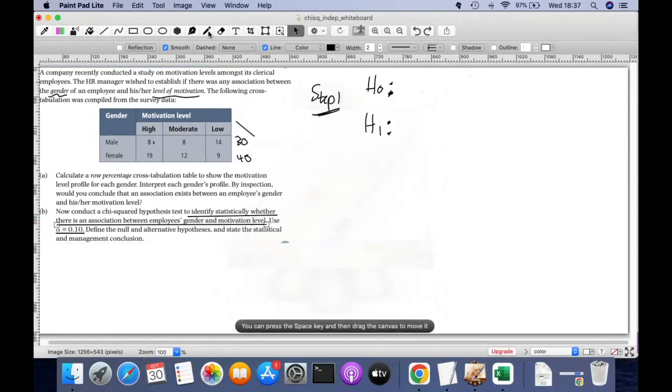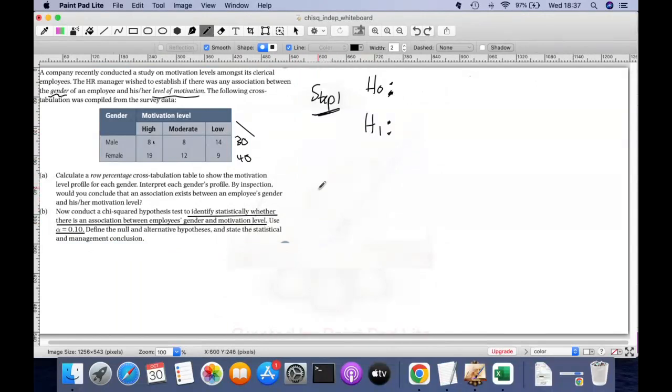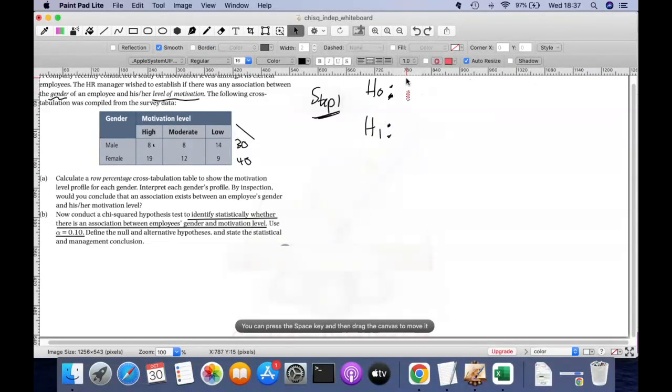This is our hypothesis. Remember when I started off this question, I said this is a test of independence. The two variables you're looking at are gender and motivation level. You're trying to see whether they're independent or not independent. So for your H0, I'm just going to type it out: gender and motivation levels are independent.